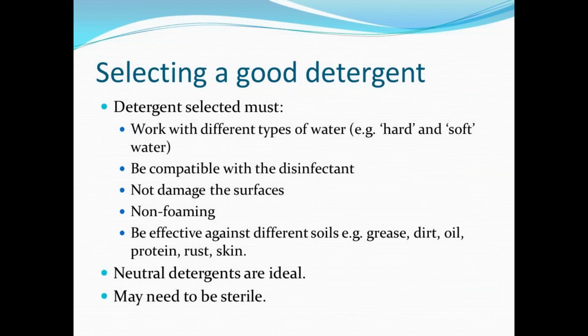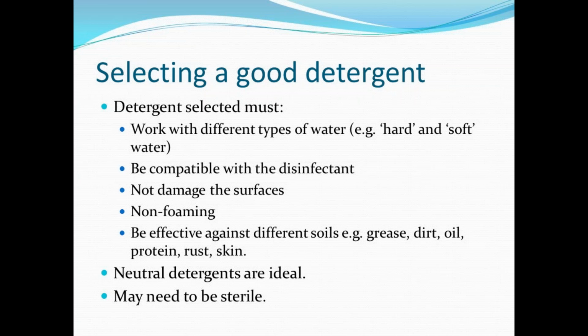So the detergent that's selected must work with different types of water, especially if you have variable types of water in your facility. So it needs not to be affected by hard water that would contain a lot of limescale or something like that. It needs to be compatible with the disinfectant, so this is the reason for sometimes preferring neutral detergents. It shouldn't damage surfaces.